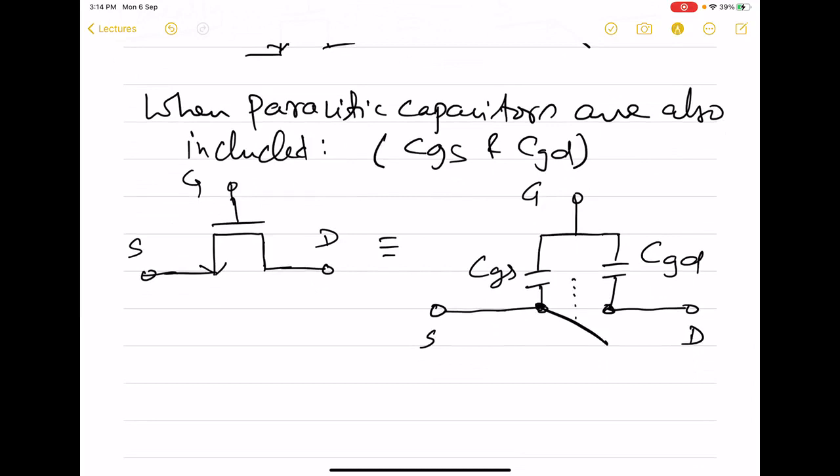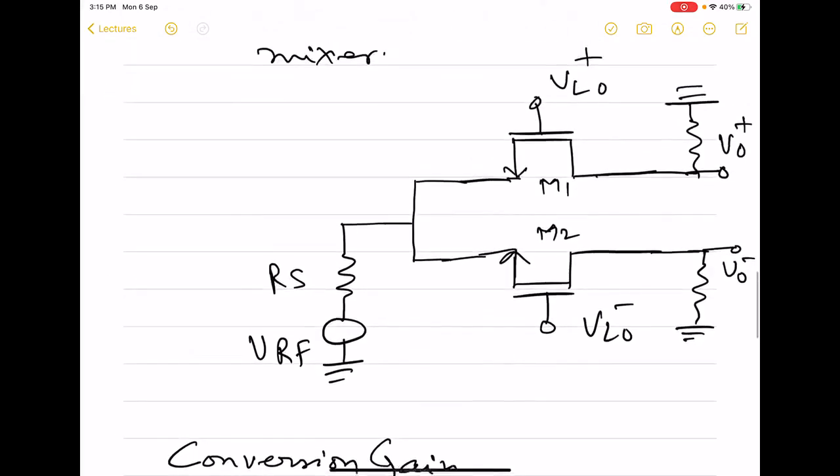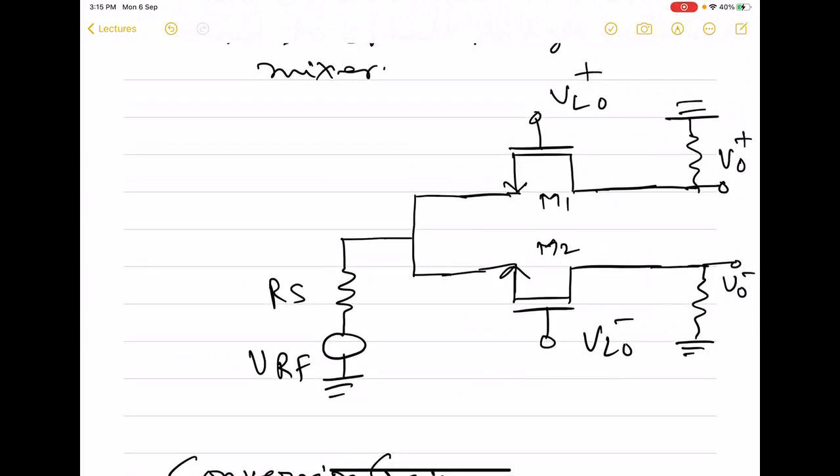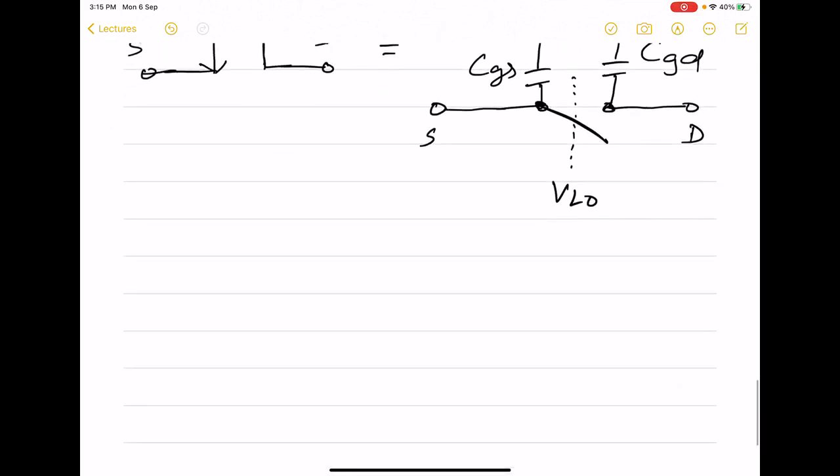And of course, this switch is going to get controlled by VLO, VLO plus or VLO minus, depending upon which MOS we are talking about. So now what we have to do is substitute the MOS by this model in this circuit and try to find out the output. So as we analyzed the previous case, unbalanced case, we found out the output for one half of the LO, and then for the second half, and then combine them to get the final output.